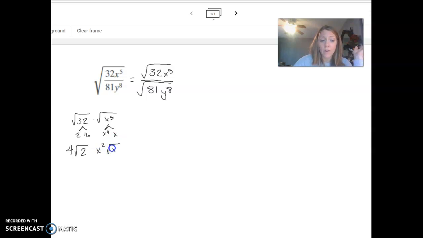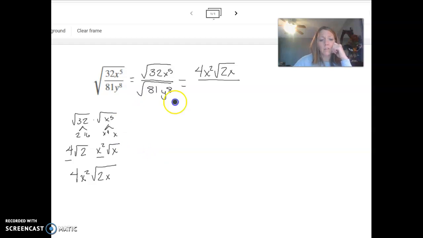And there's a 1x left underneath the radical. So now I know what the numerator is. Numerator will be 4x squared. I'm just going to group those factors together. Square root. And then what's left underneath the radical is 2x. Great, so I can start writing that down. 4x squared root 2x.